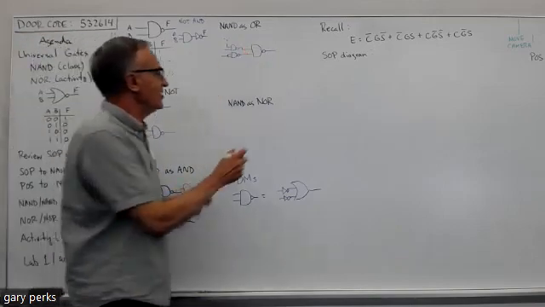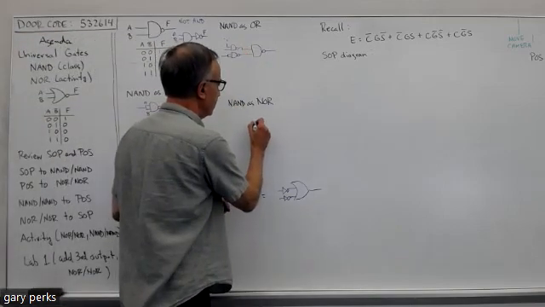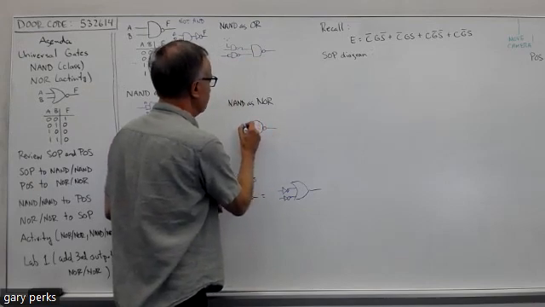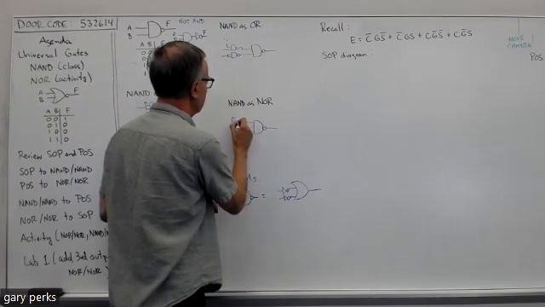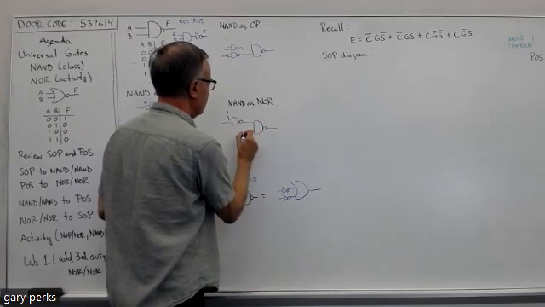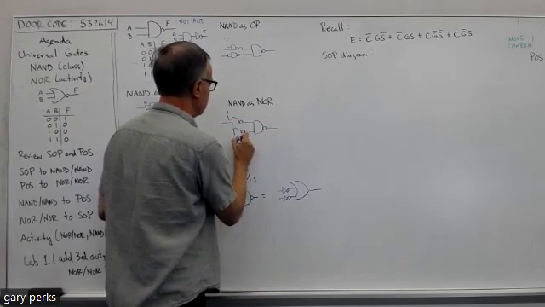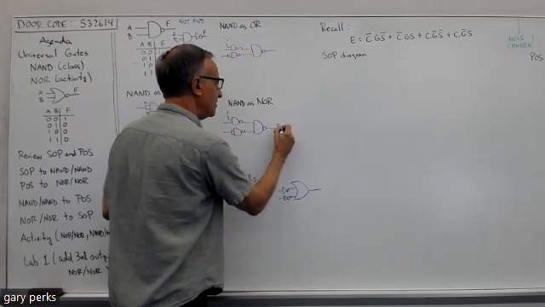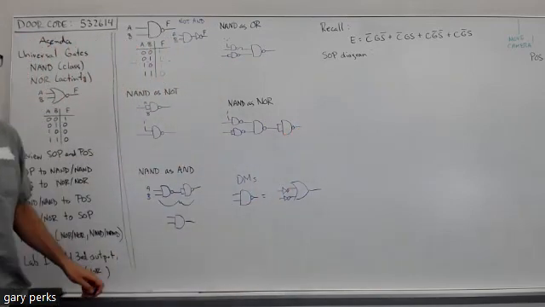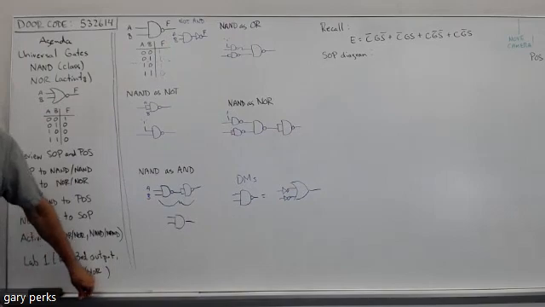So I would just take this, repeat what we had up here, but then we'd add another NAND gate as an inverter at the output. So you see those four NAND gates give me a NOR.